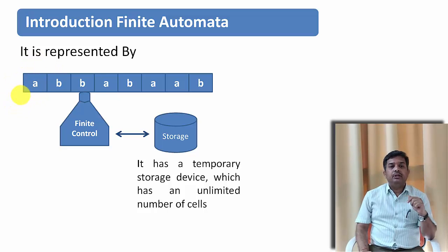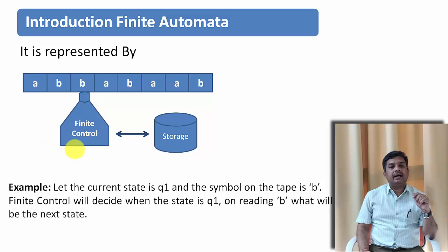For example, let us say the current state is Q1 and the current symbol that the tape is reading right now is B. Then the work of the finite control is to decide, when the state is Q1, on reading the input symbol B, what will be its next state. I hope you understood by now.